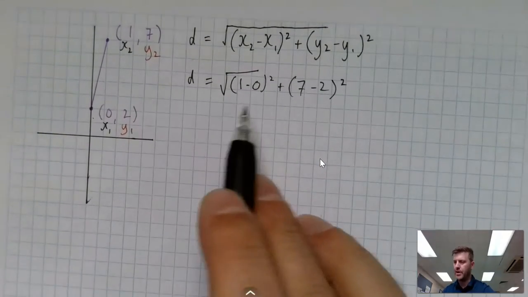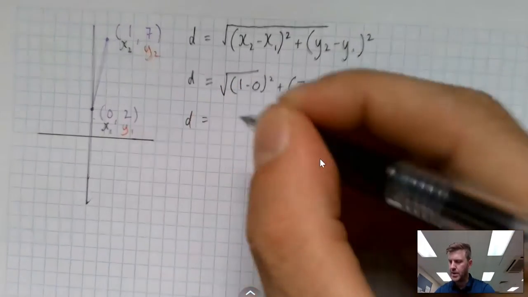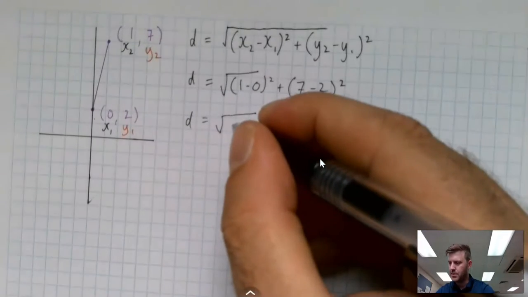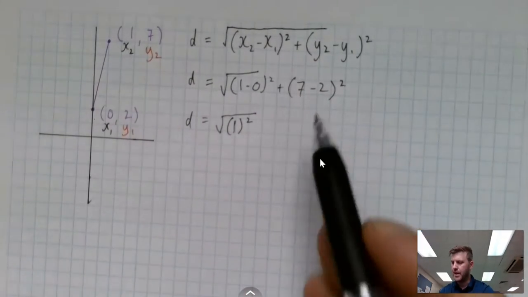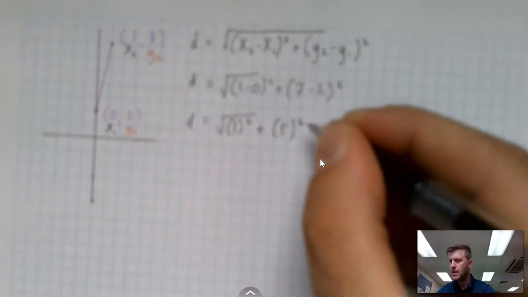Okay, now I'm going to go ahead and work out what those values are inside the brackets. So d is again equal to the square root of 1 take 0 is 1 squared, and 7 take 2 is 5, and again squared.